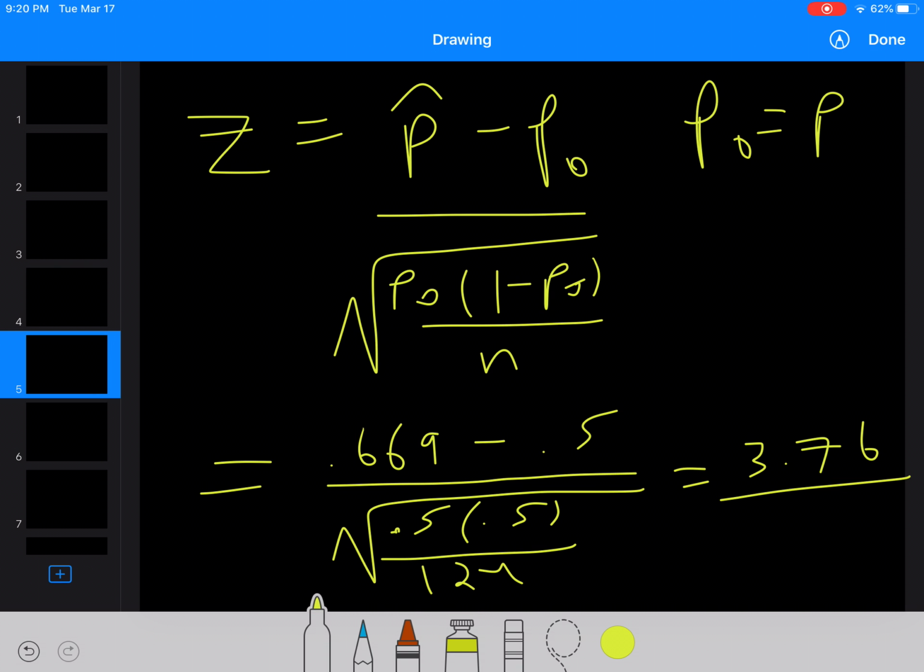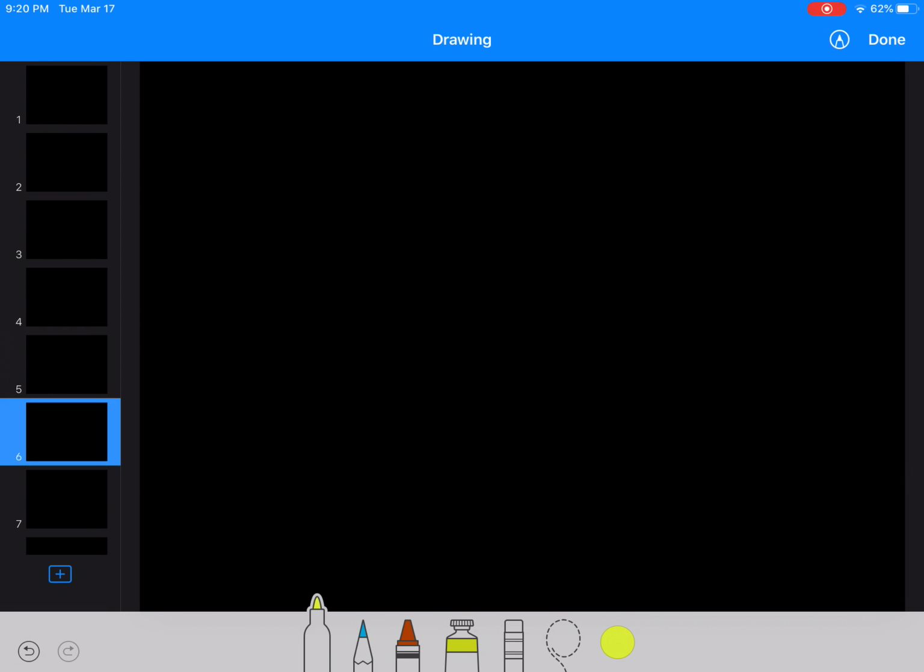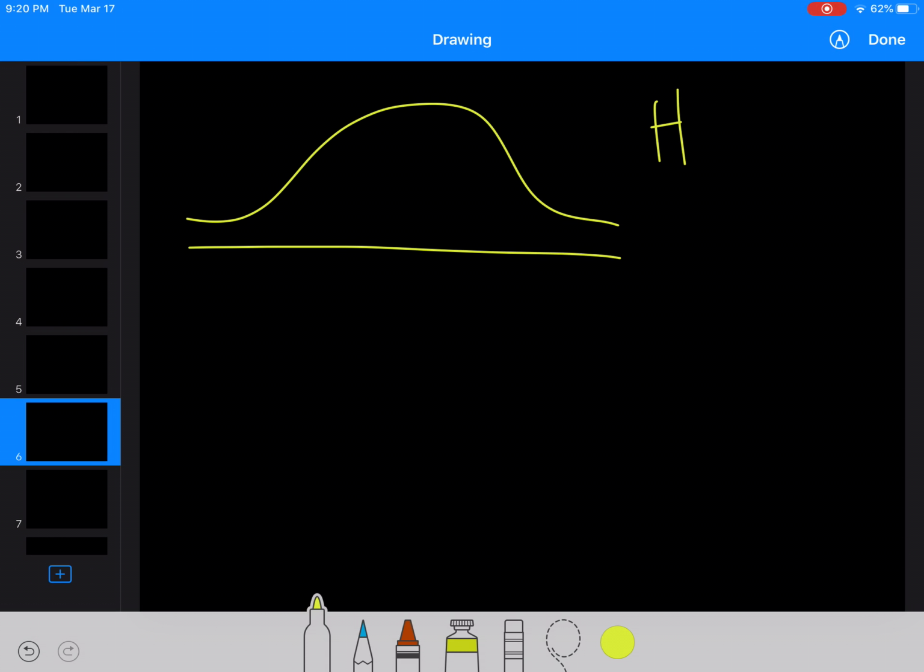Now what does this mean? So now what we have to do is go back to our alternative hypothesis. So H alternative was p is greater than 0.5. So that's going to be this tail over here, the right side area.